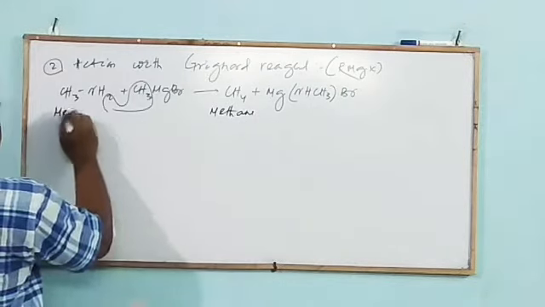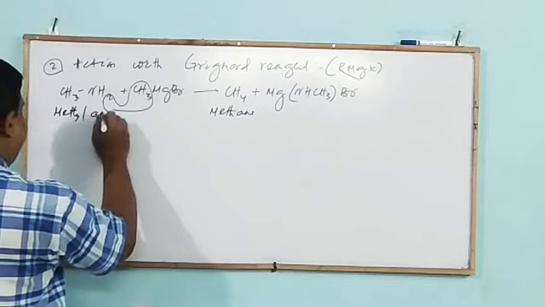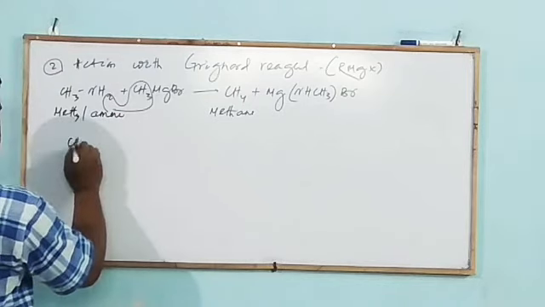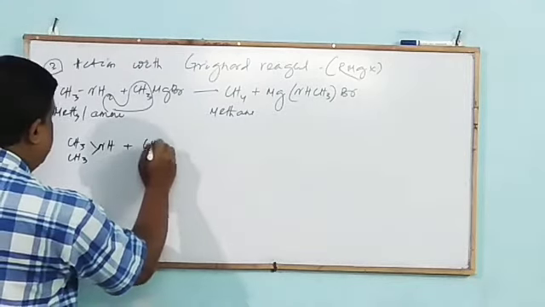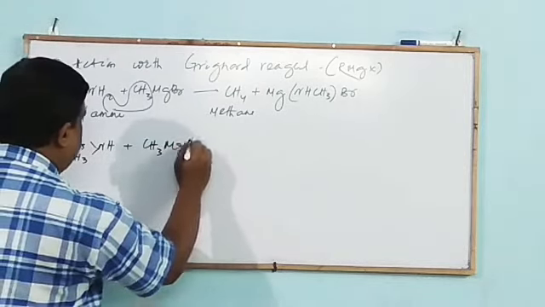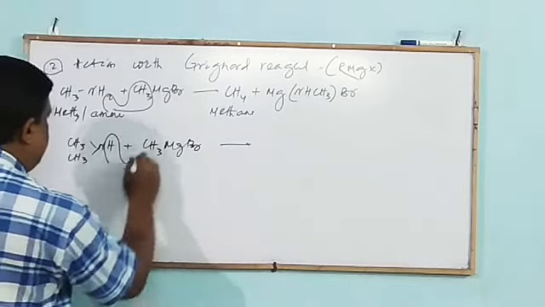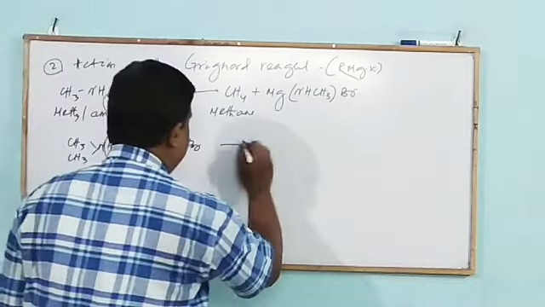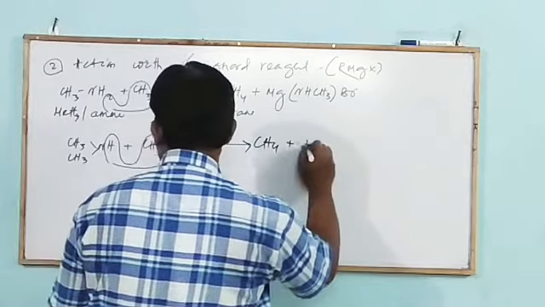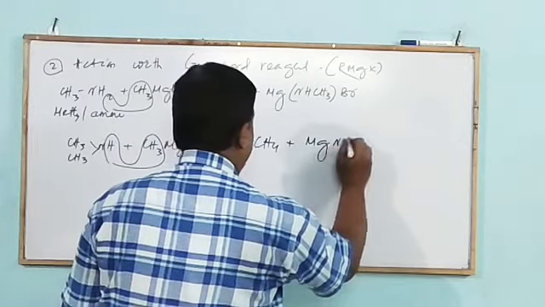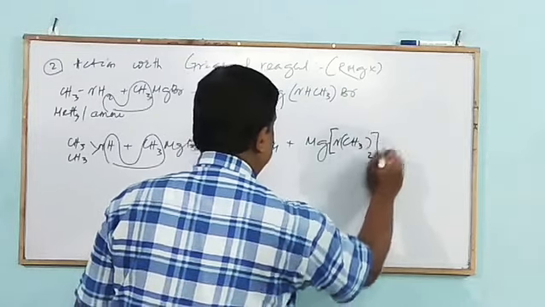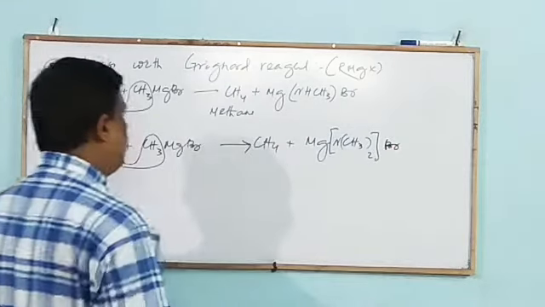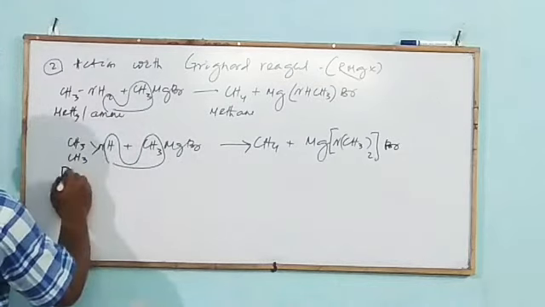Similarly, if we select a 2 degree amine, dimethylamine, and react it with methyl magnesium bromide, the same thing happens: CH4 plus MgN(CH3) whole twice.